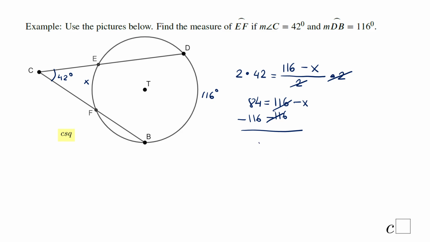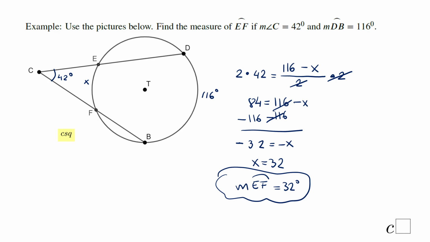That will be negative 32, be careful, equals negative X. So X will be 32. What is that X? If you remember, that's how we called the measure of arc EF, the one we're looking for. So that arc is 32 degrees.